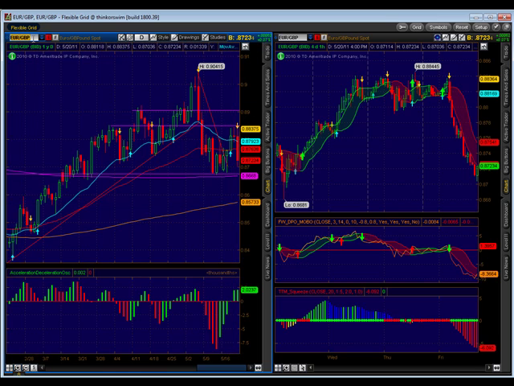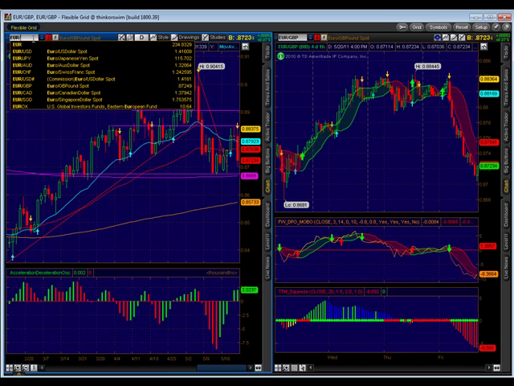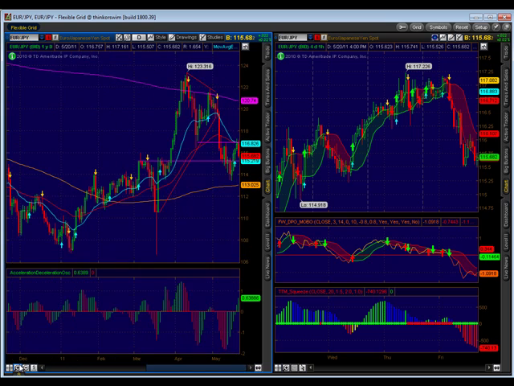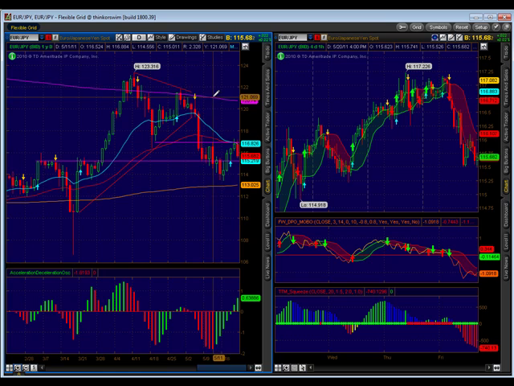Our last euro is the Euro Yen. And it looks like we found a little support off the 200 moving average. We could extend out this downtrend line here to where we are now as a potential target if we were going higher, but we failed at the 200.